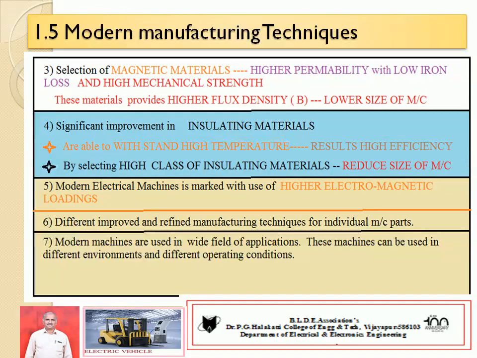These two are very important. Different improved and refined manufacturing techniques are also available. These innovative, modernized manufacturing techniques can be implemented to achieve our goal of designing a smaller size of machine.